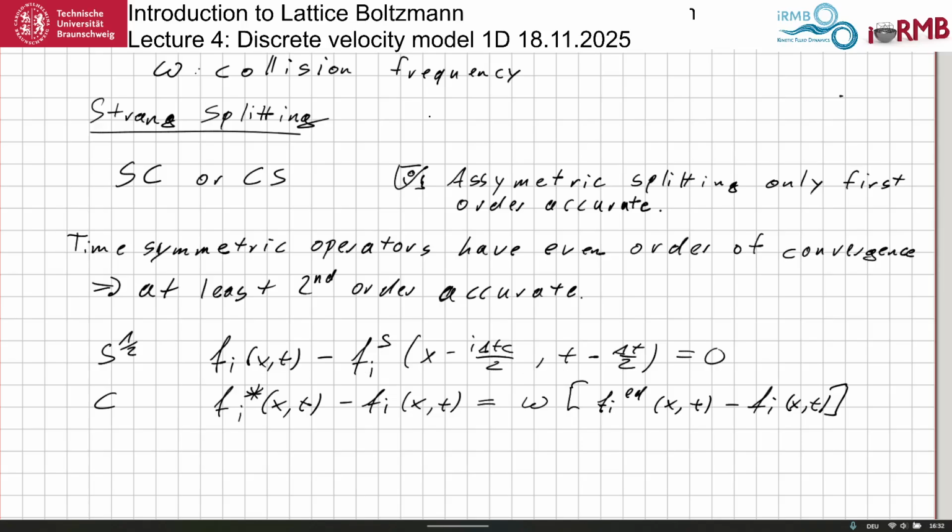And now I did the streaming only half. So what I do next is I do another half streaming, where I actually get this half streamed stuff off. So Fi after the streaming is now moving this by half.